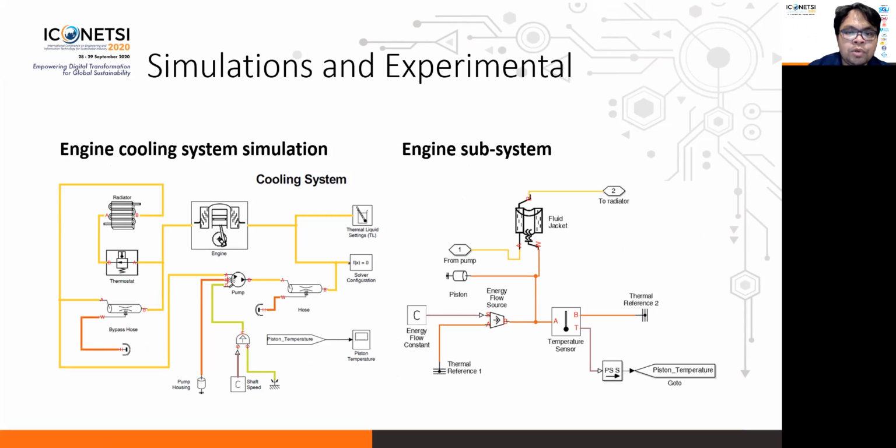So this one is the simulation with Simulink and the experimental data. The first simulation uses the thermostat, and then I eliminate the thermostat to see the graph of the engine without the thermostat and with the thermostat. If we click on this engine, the subsystem of the engine looks like this.